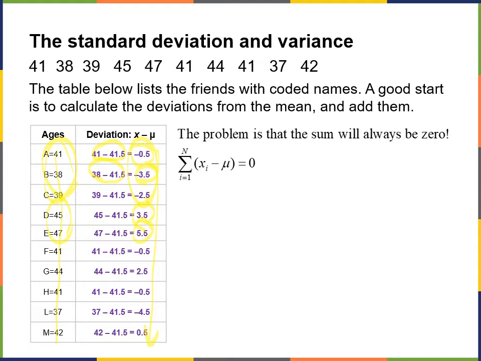Okay, when you look at any data set and you look at the deviation of every data value from the mean and sum them all up, so we take the sum of the deviations of each data value from the mean, which is the difference of the data values and the mean, you're going to get 0, okay? Which is not super helpful. So we need to do something to account for that so that we can calculate the overall deviation.